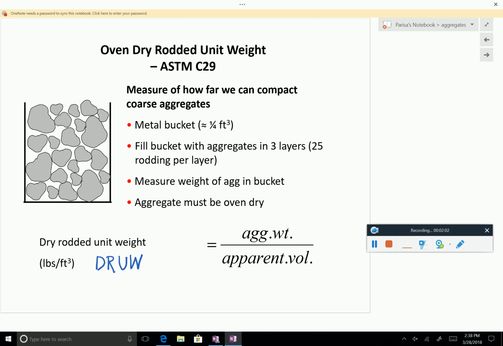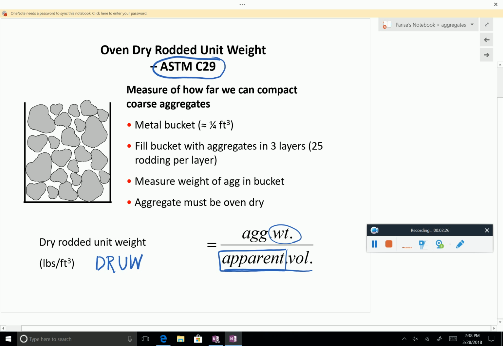Look at the definition. It's the weight of the aggregate divided by the apparent volume. So the most important thing to pay attention to is that this is apparent volume. And there is a way according to ASTM C29 to measure it.